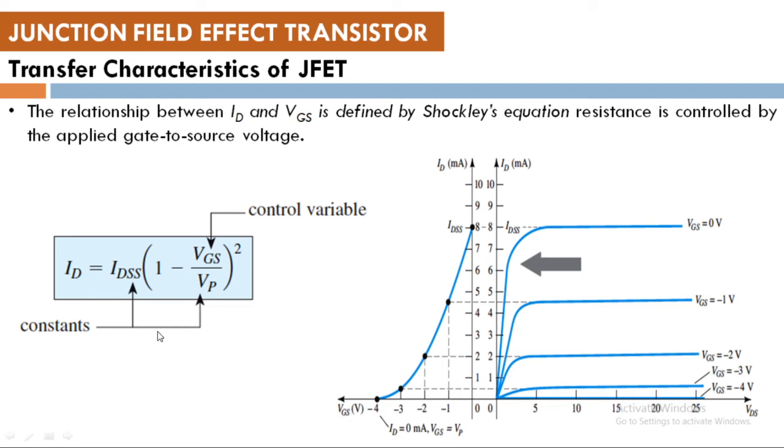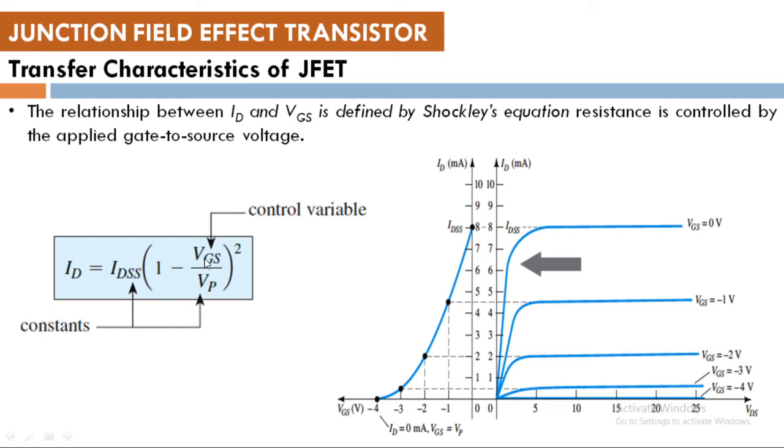The relationship between ID and VGS is provided by the Shockley equation, where ID is the drain current, IDSS is the maximum drain current, and VP and VGS are the controlling parameters.